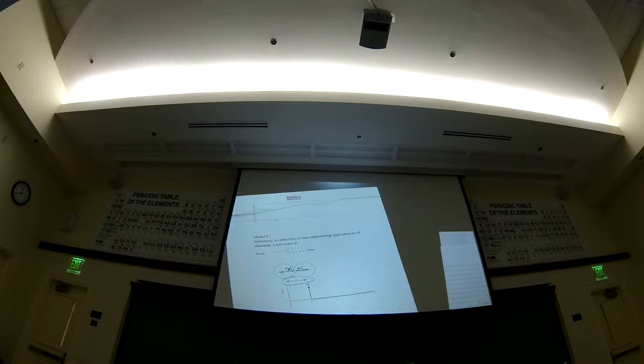So the distance approaches just a line. So if R is greater than sigma, the force is 0. If R is less than sigma, it can't be less than sigma.